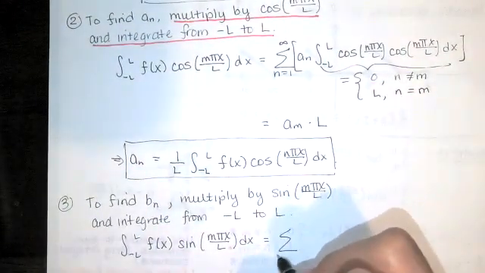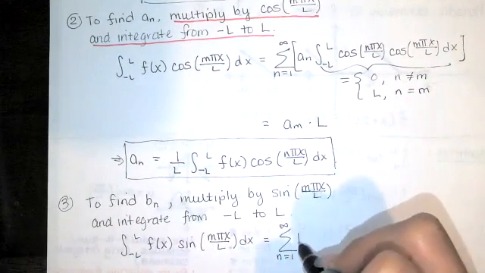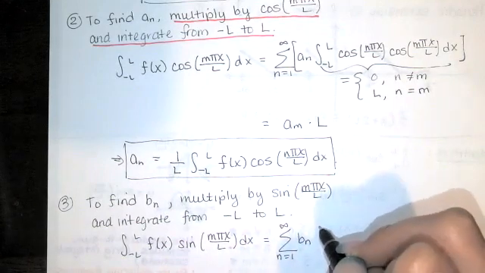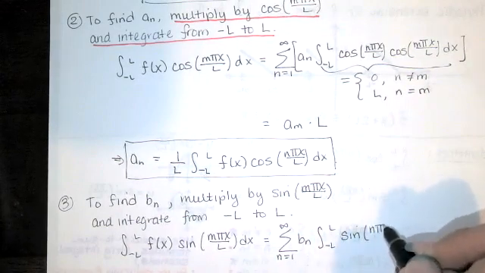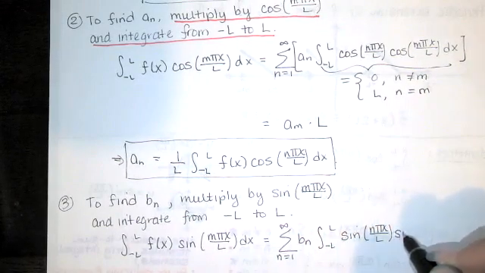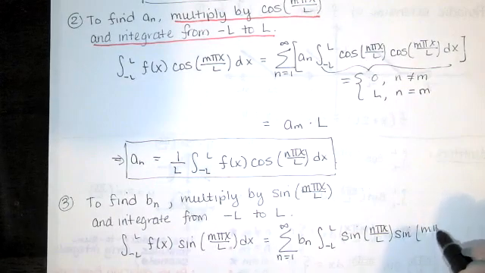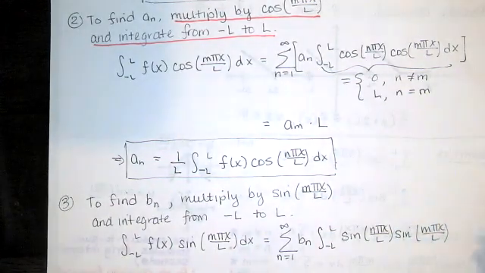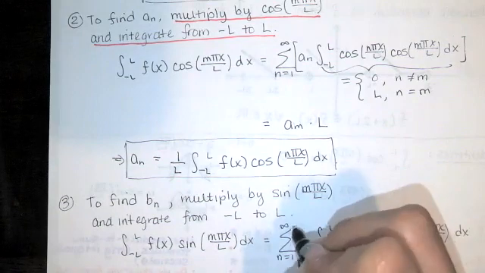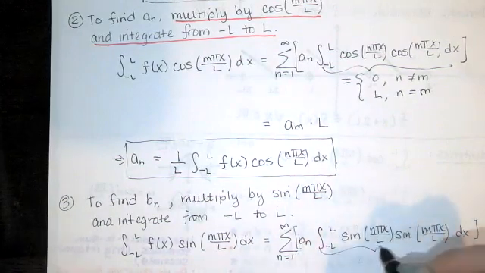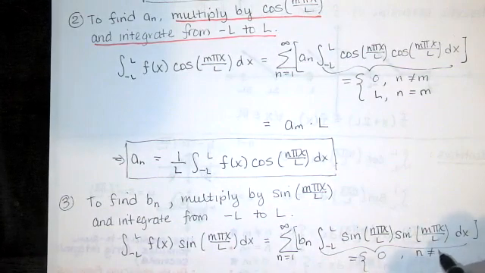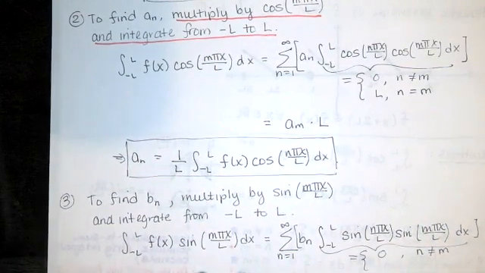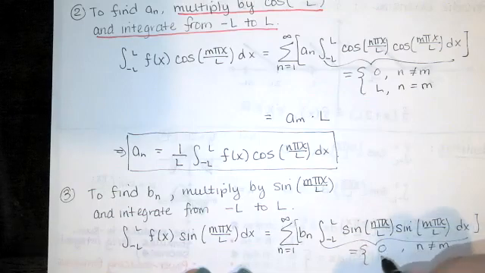So we have the sum as n goes from 1 to infinity now of b sub n times the integral from negative L to L of sine of n pi x over L times sine of m pi x over L. And this guy is 0 when the frequencies are different, and it's L when the frequencies are the same.